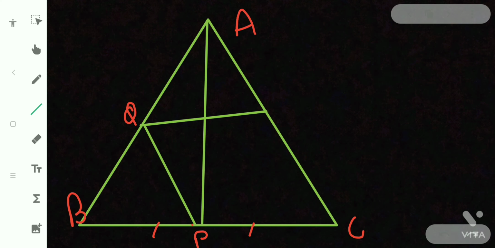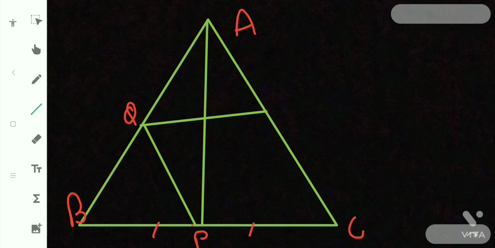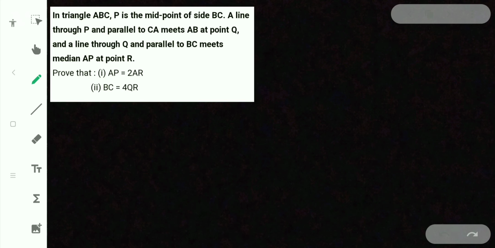Yeah, meets median AP at point R. So this is meeting at point R. This is parallel to this one and this is parallel to this one. Now prove that AP is equal to 2AR.